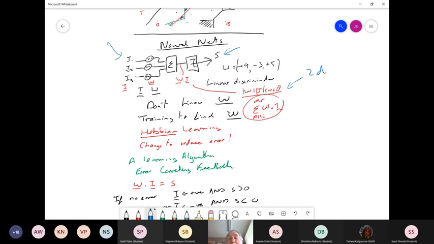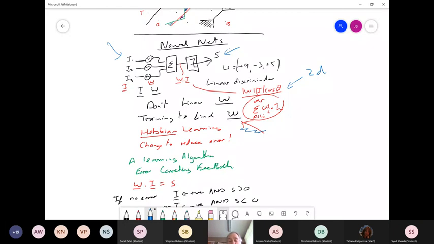So what comes out here is the scalar product. It is calculated by the summation over all dimensions of Wi, Ii.